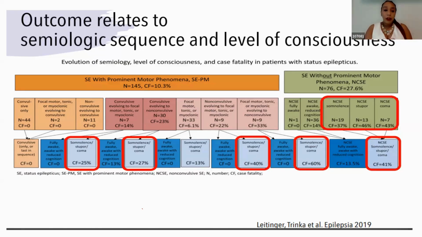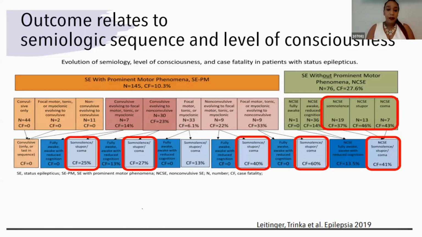Meaning, if a patient comes in with status epilepticus and they have prominent motor phenomenon, the ones that I talked about, focal motor, generalized convulsive status, things like that, their case fatality is about 10.3%, which is less than those without prominent motor symptoms.